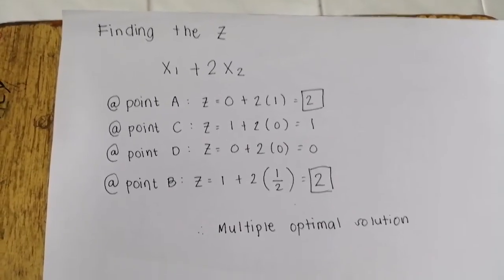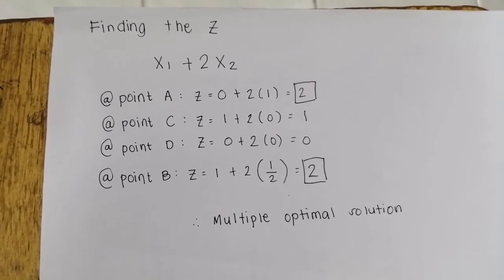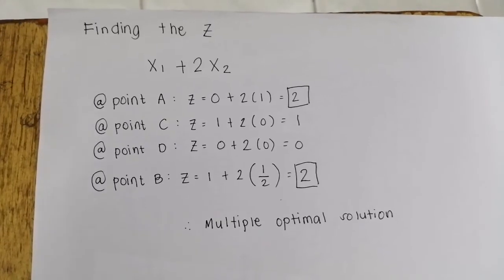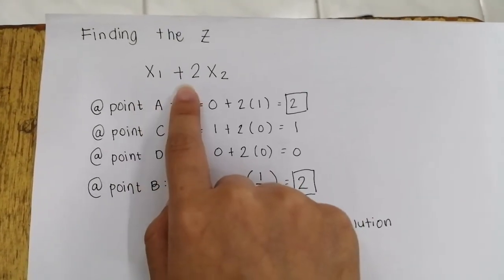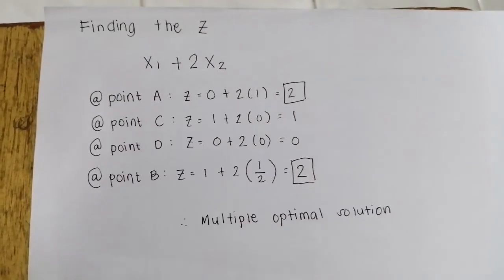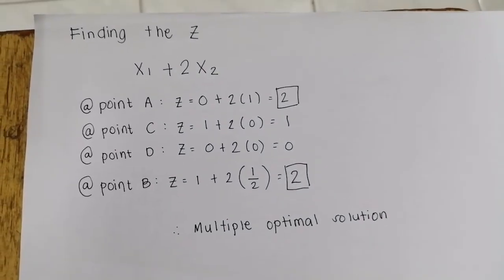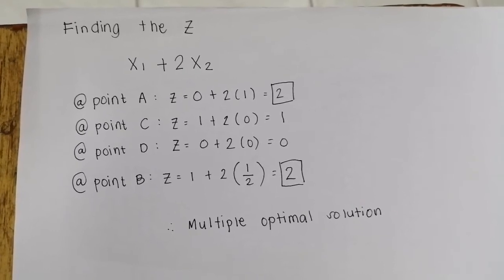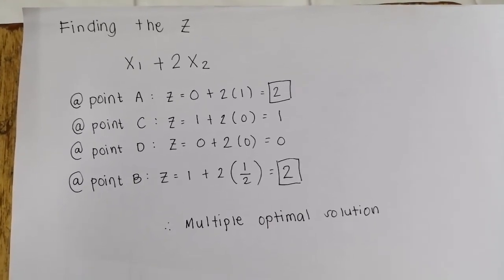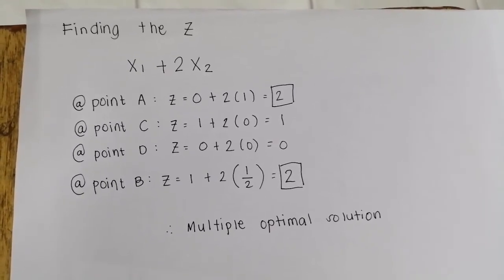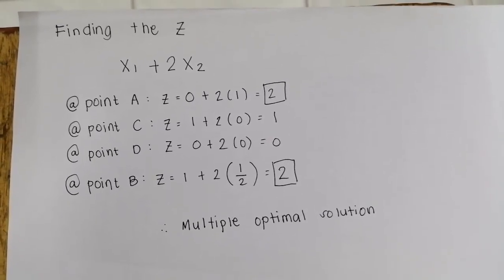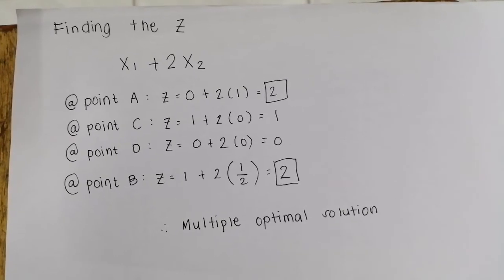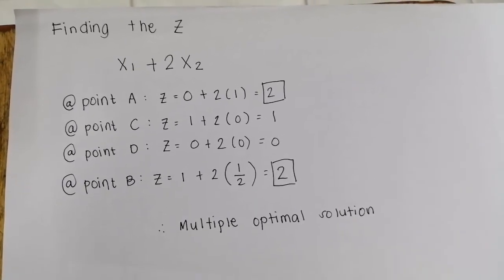In finding the optimal z value, we substitute all the points into the objective function, which is x sub 1 plus 2 x sub 2. So at point A, z is equal to 0 plus 2 times 1, which is equal to 2. At point C, z is equal to 1 plus 2 times 0 and is equal to 1.